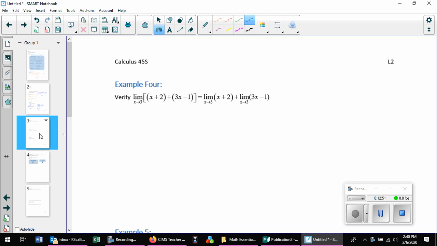Okay, we're going to verify that this one is correct. Okay, so big brackets, so I'm going to combine like terms. So the left-hand side is going to be the limit as x approaches 3 of 4x plus 1.